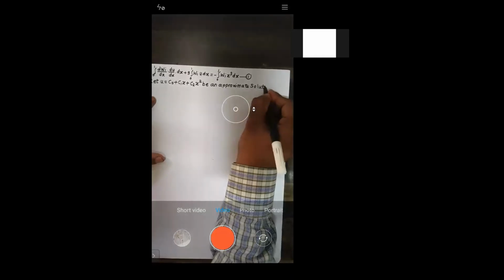Now see what difference you have observed. Let me show you. All of you see this one. See, same equation I have solved.